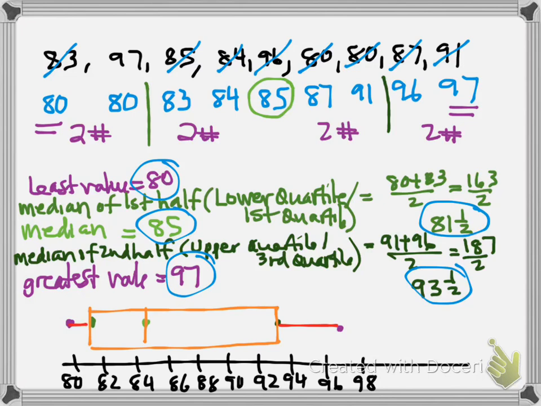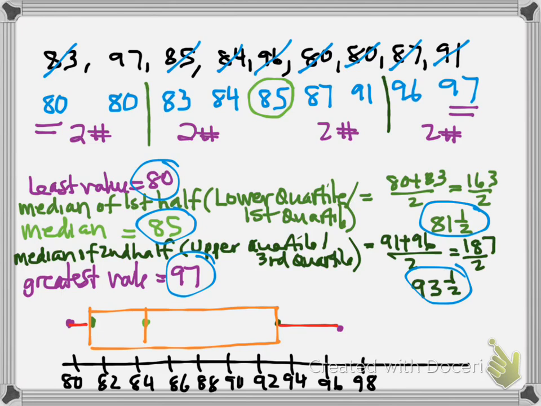Now, what you should notice is the boxes aren't all the same length. Even though each of those sections represents 2 pieces of information, the reason boxes are longer or shorter is the range of the individual values in that section. On the bottom piece, you go from 80 to 81.5, because that's your lower quartile, so very small.